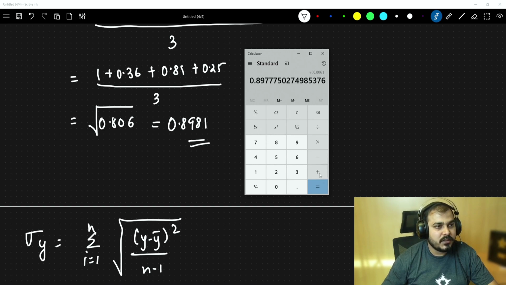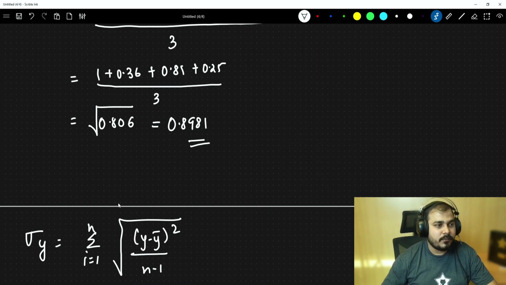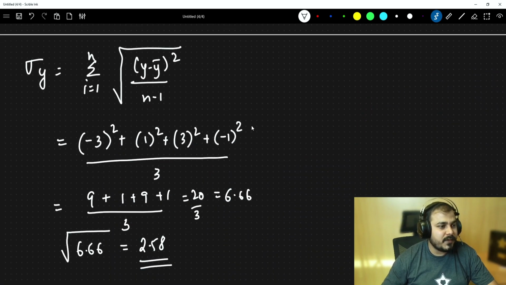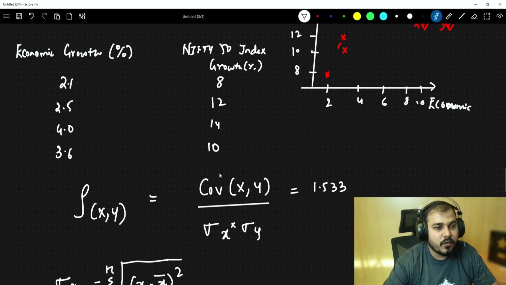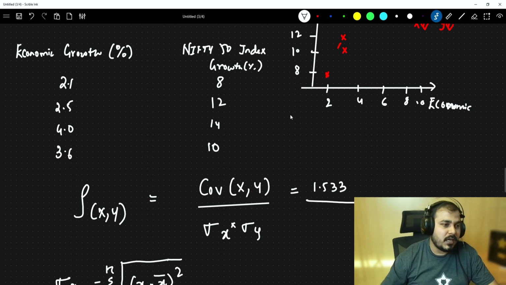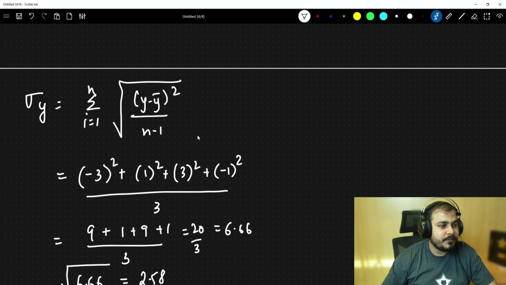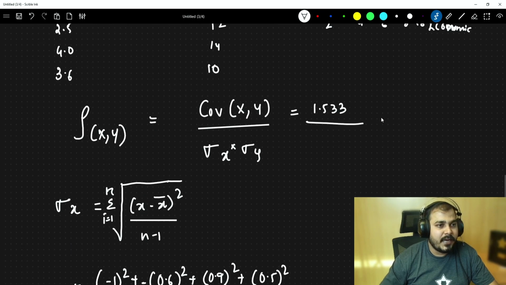The root of 0.806 is 0.8981. Okay, perfect. We are getting these two values perfectly. I already know the covariance of x comma y. Now I'm going to divide it by 0.8981.